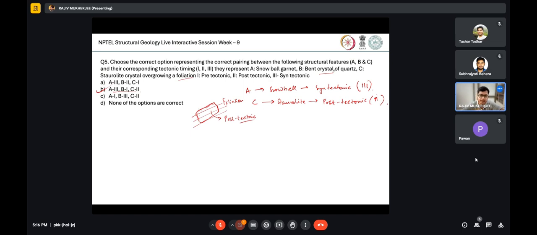So that means it may not be related to that particular episode of deformation, but definitely, if there exists a quartz crystal which is bent and there are signatures of prominent subgrains, that means it is not completely recrystallized. It is undergoing recrystallization when the process stopped or somehow it was exhumed.